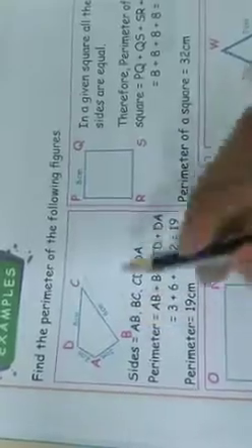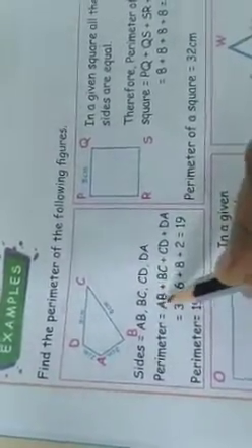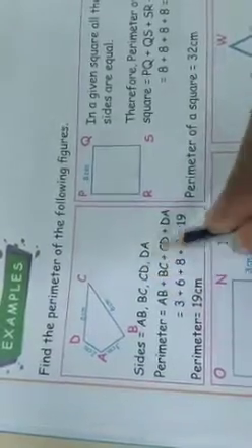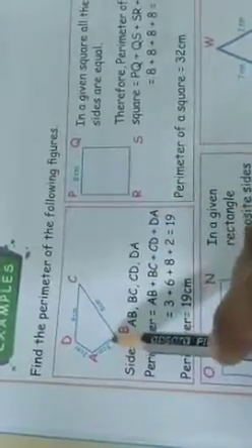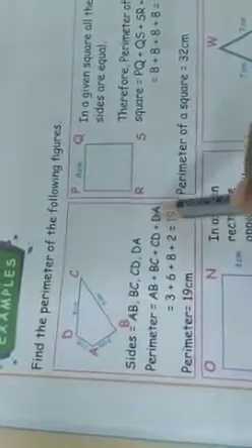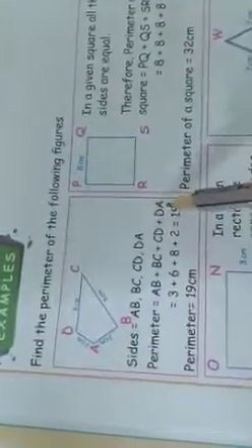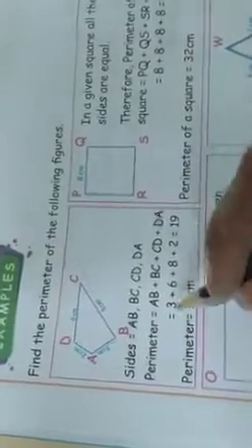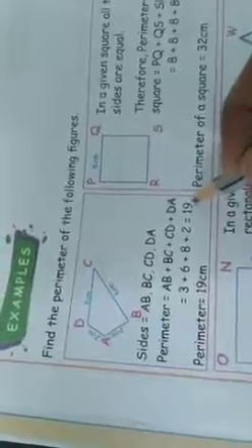Perimeter means we add all the sides: AB plus BC plus CD plus DA. That means 3 plus 6 plus 8 plus 2, which is 19. So the perimeter equals 19 centimeters. That's all. We will see this topic clearly in the next class.